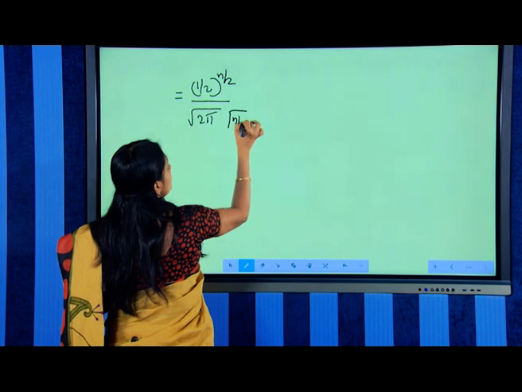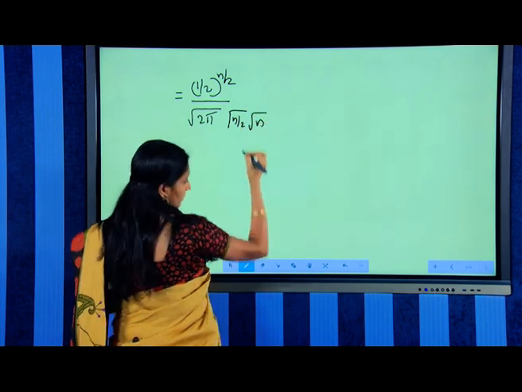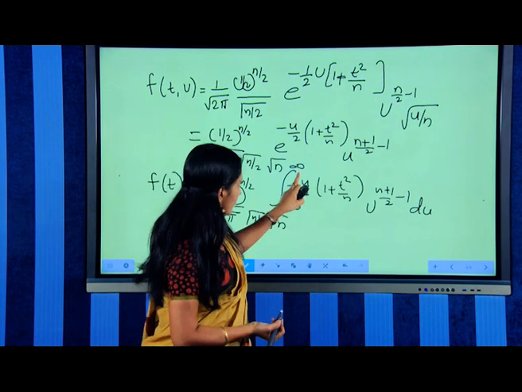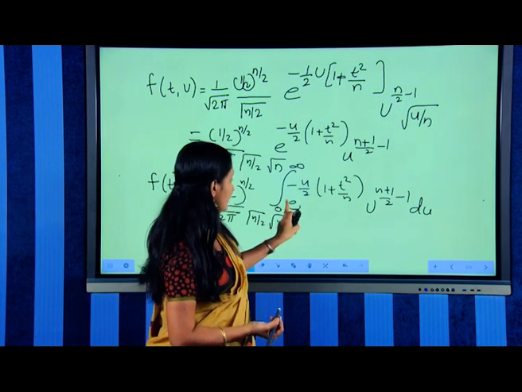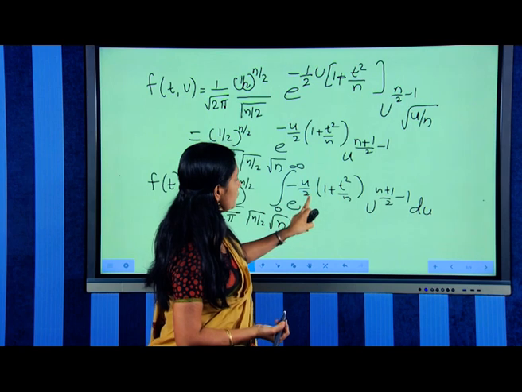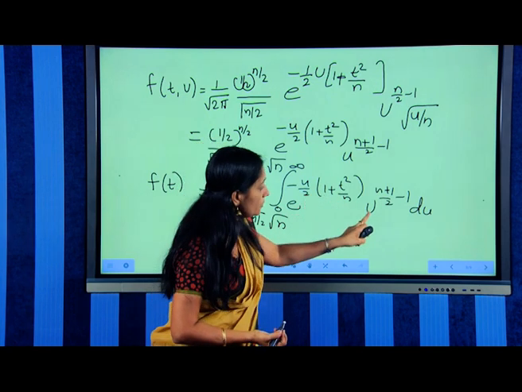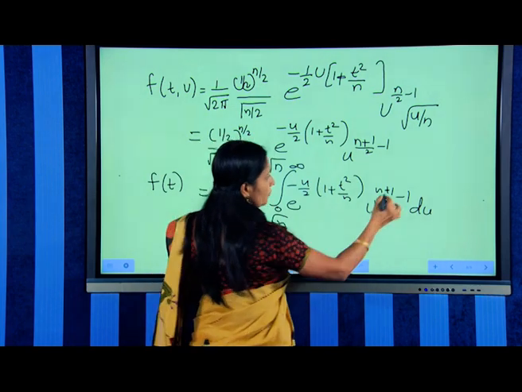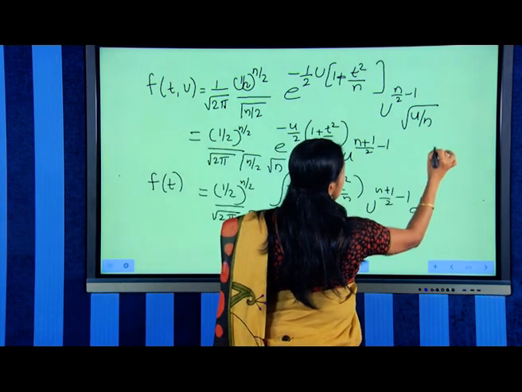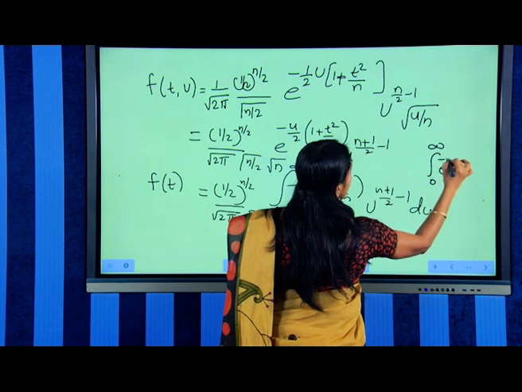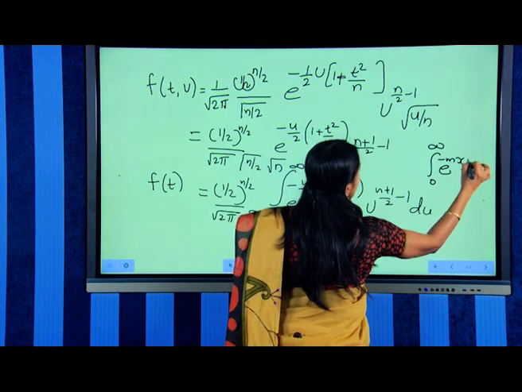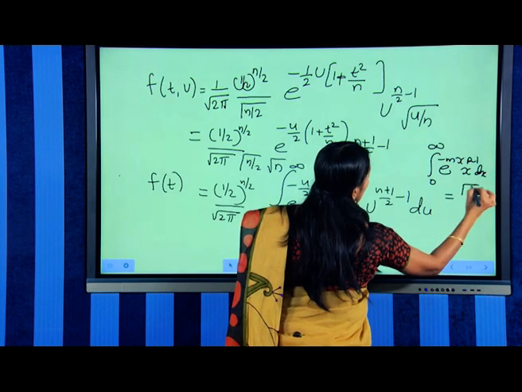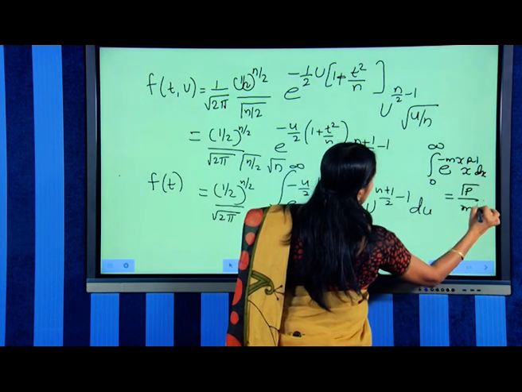Then this part, the integral from 0 to infinity of e raised to minus u by 2 into 1 plus t square by n, into u raised to n plus 1 by 2 minus 1 du, is of the form integral 0 to infinity e raised to minus mx, x raised to p minus 1 dx, which is equal to gamma p by m raised to p.